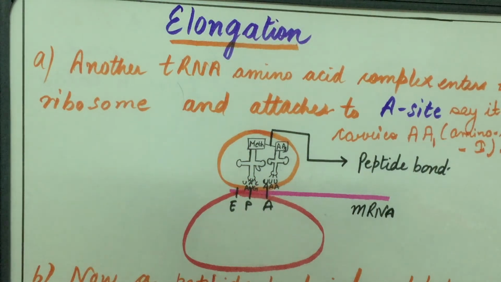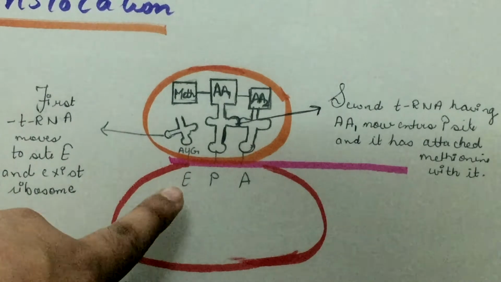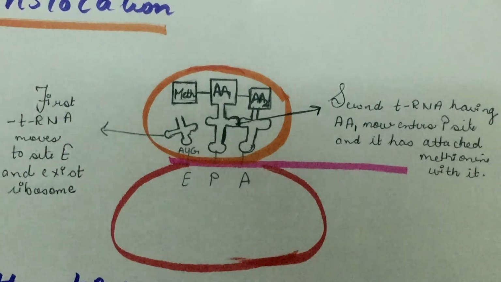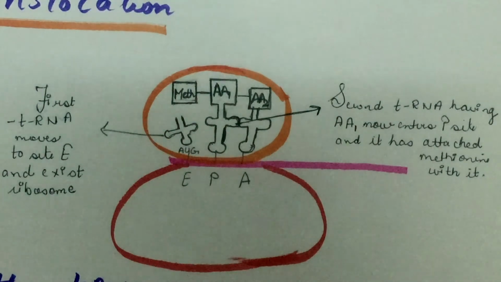That means shifting of tRNA has occurred, and this is known as translocation. Now let us understand this with the help of a diagram. As you can see here, the tRNA which was carrying methionine has moved towards the E site, and now it has exited from the ribosome. The tRNA carrying amino acid 1 has moved toward the P site.